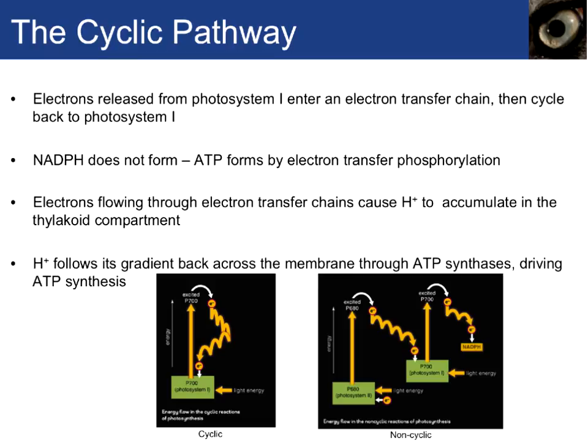So if you're not going to need to replenish the electrons on the photosystem, what byproduct would you not end up having with the cyclic pathway? Exactly. So you would not have oxygen as a byproduct. So for cyclic, you don't have oxygen.